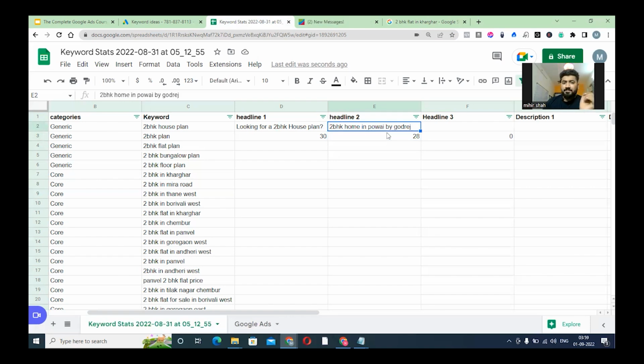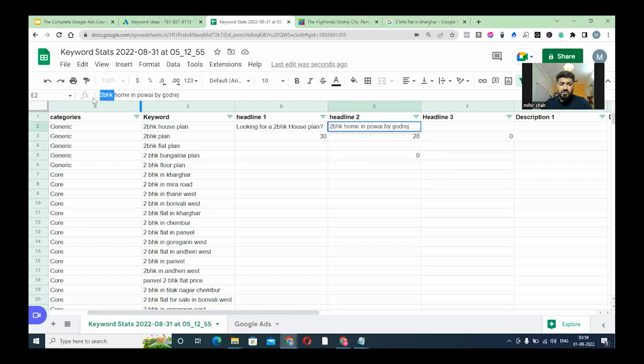So what I have done is I have included 2 BHK homes in Powai by Godrej. All right. One of the options that I can use apart from this is also 2 BHK homes in Powai by Godrej. So here what we did is we basically told him that there is a 2 BHK, because he's looking for a 2 BHK house plan.